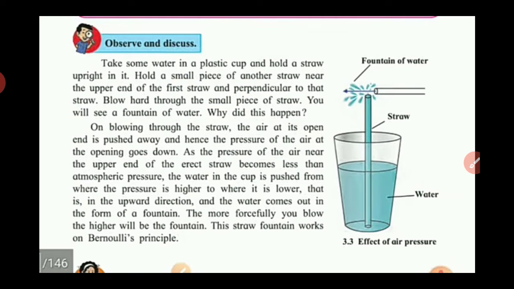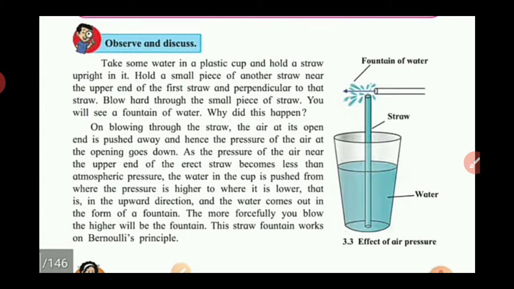Here we also see the definition of atmospheric pressure. What is the definition? When air molecules strike on a body, they create a pressure on that body, and this pressure of air we call atmospheric pressure. We also see that atmospheric pressure is the same in all directions, meaning if an object is kept in air, the atmospheric pressure is exerted from all sides on that body.